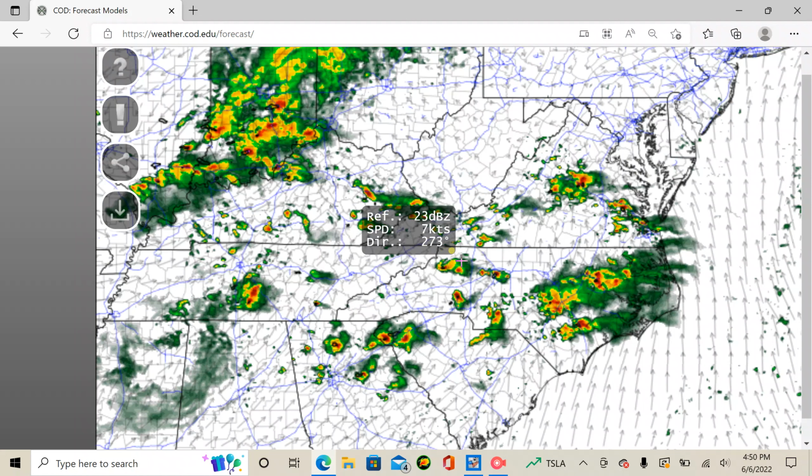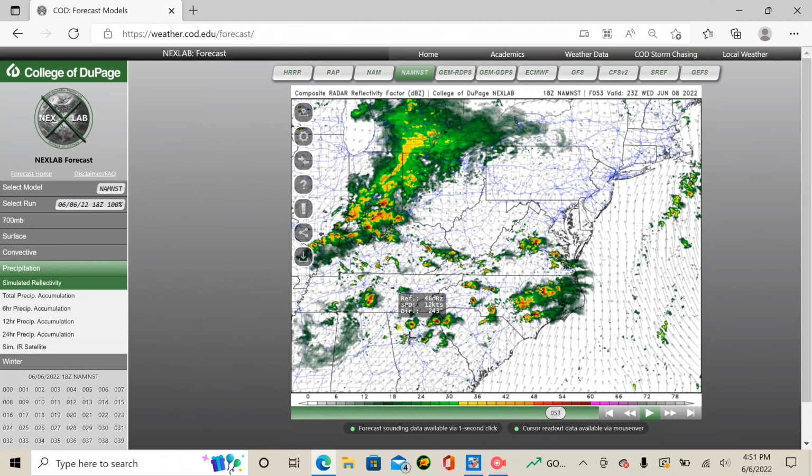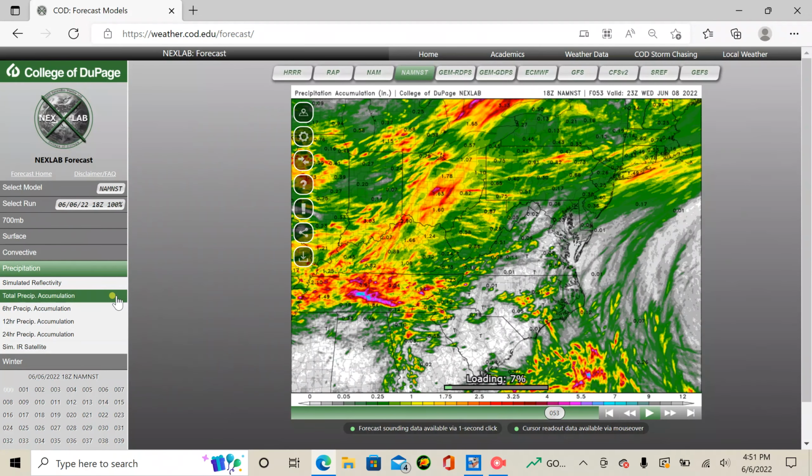For example, there is a strong single-celled storm down here near Lincolnton, and there's a complex of thunderstorms to my north near Taylorsville, Lenoir, Statesville and Salisbury, extending along the I-40 corridor. And there's a bunch of discrete storms up here that may have a potential tornado threat. And then there's a cluster of storms down here, and these storms are moving in all sorts of different directions, and you can loop it to find out what directions they're going.